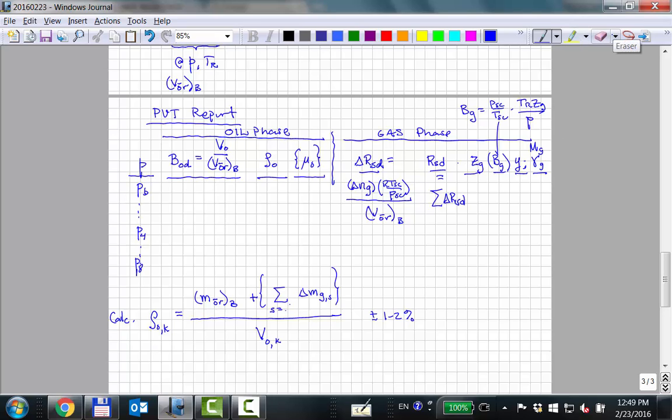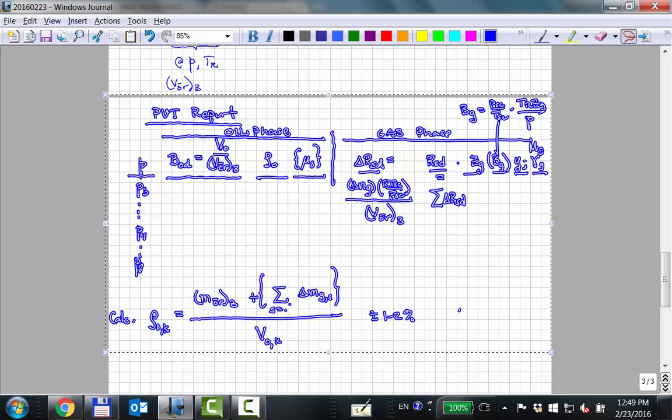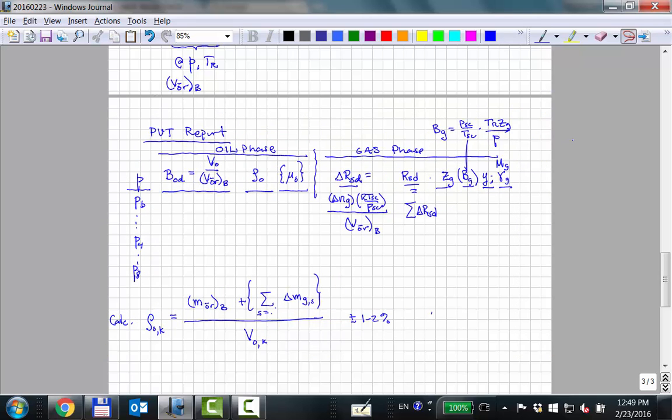And then the gas viscosity. So that's basically on the gas phase we get these things here.